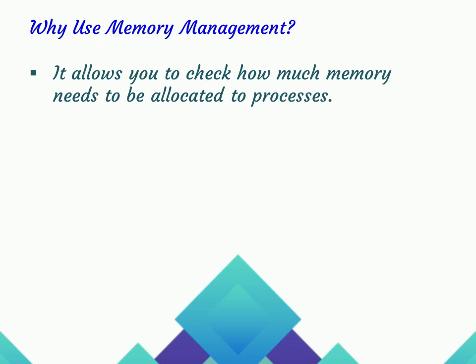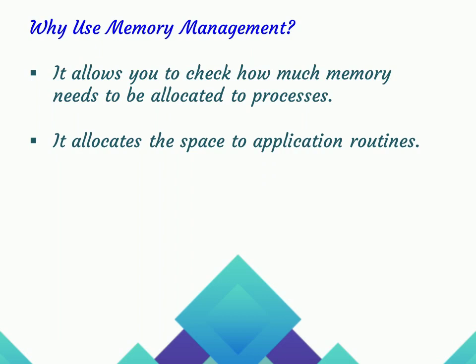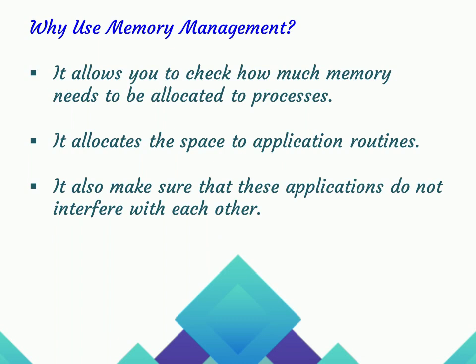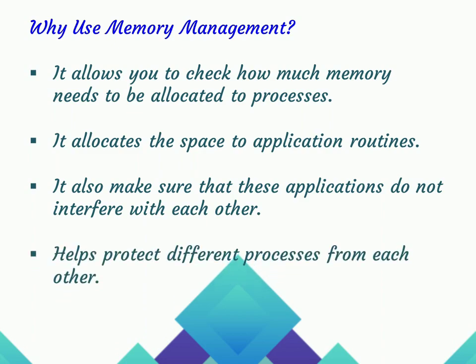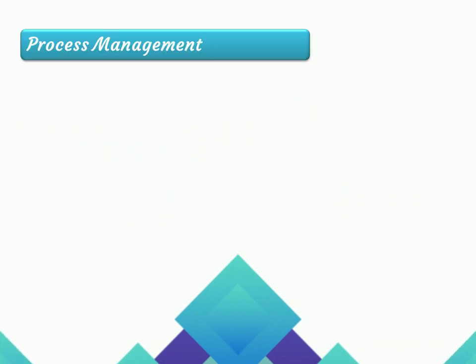Okay. So next, it allocates the space to application routines. Next, it also makes sure that these applications do not interfere with each other. Next, it helps to protect different processes from each other.